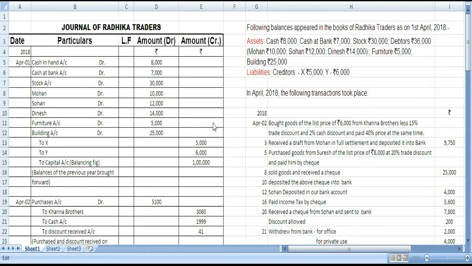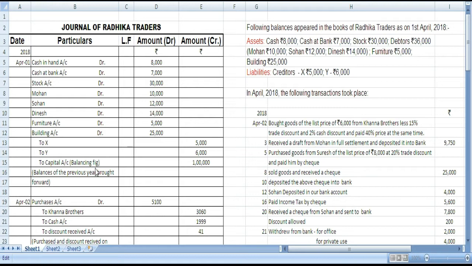So to save time I have already done this, you just have to follow the explanations. So here we have written all the assets on the debit, and then we wrote the liabilities X and Y, we credited. Now here you can see that we are getting 1 lakh rupees on the to side, which is a balancing figure.